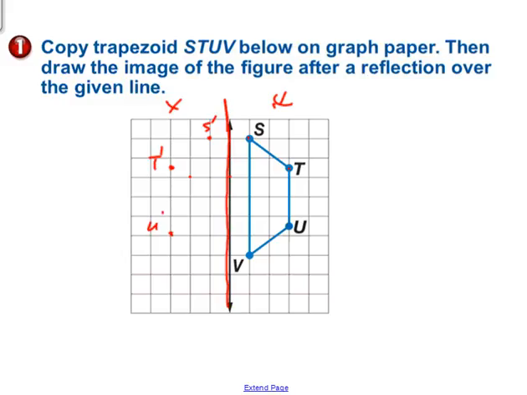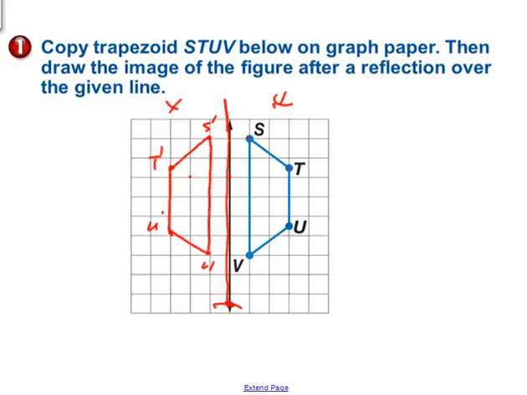And V would be just 1 unit, V prime. So as I connect this, the reflection is reflective about the axis of symmetry, which is right here.